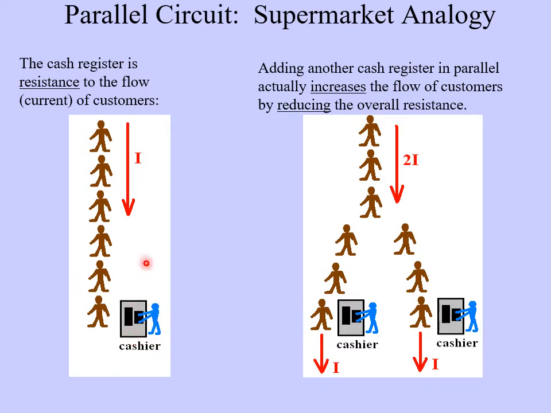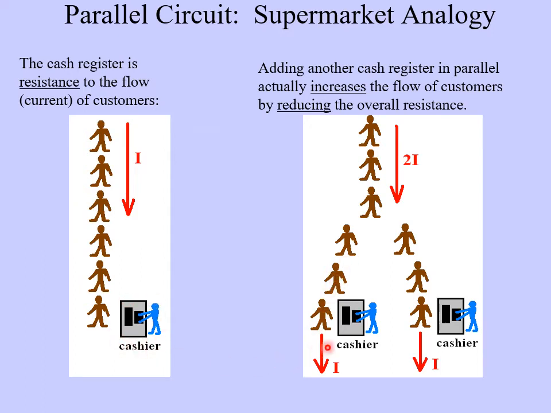So what would happen in the real world if this happened in the store? Well, they would open up another register. So now we've got two cashiers working in parallel. So the line of customers can split. Half can go through this register, the other half can go through this register, and look what we've got now. Remember, I is our current, which is the amount that can flow through one cash register.